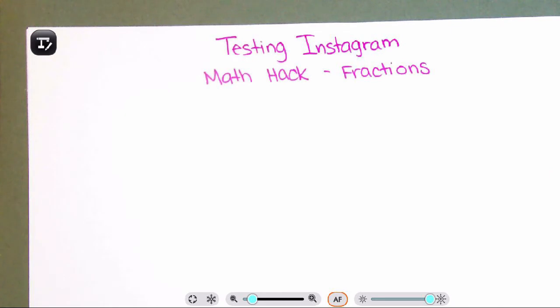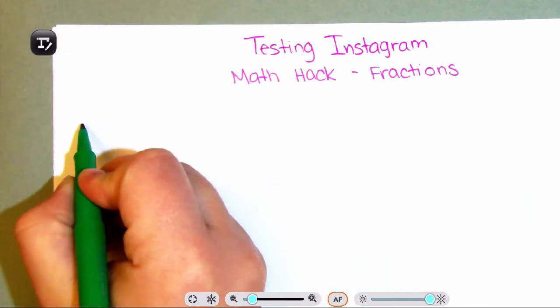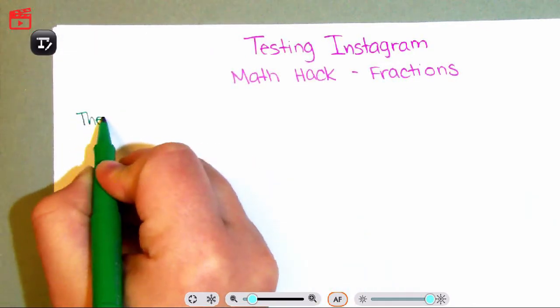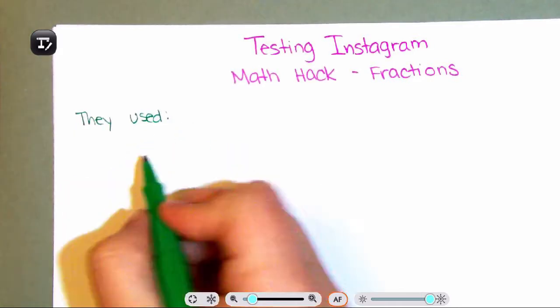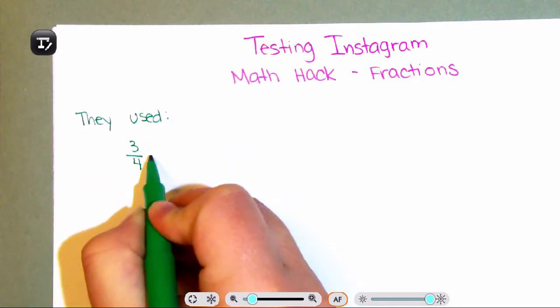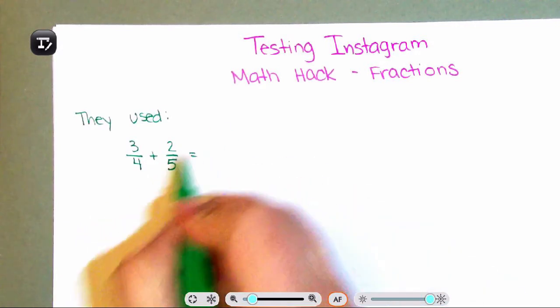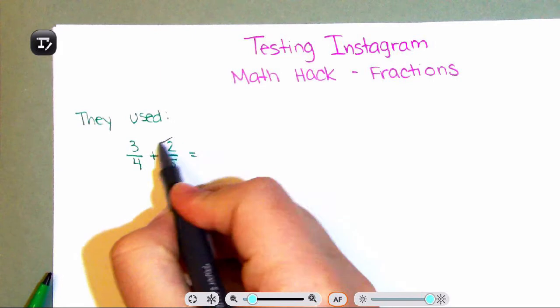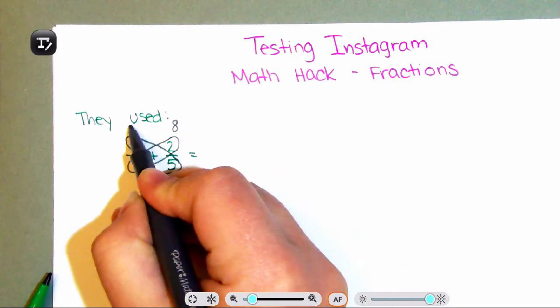But let's go ahead and start out with the addition one that they used in the video. What they used is 3/4 plus 2/5. And what they did is they cross multiplied, so 4 times 2 is 8. 3 times 5 is 15.